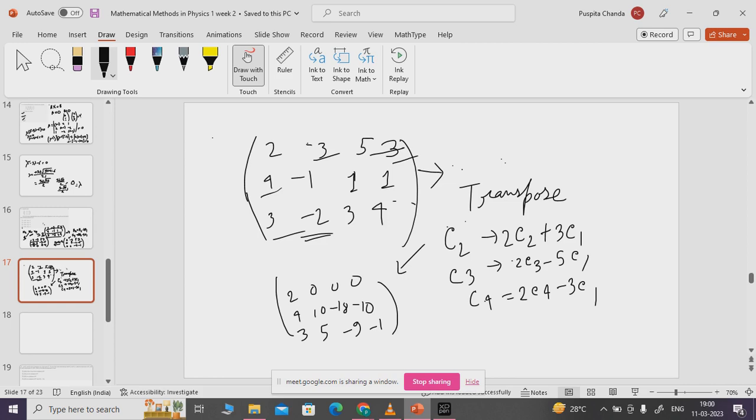Then you need to make this 0, then these two things 0. Or first you can take common from this 2. Okay.